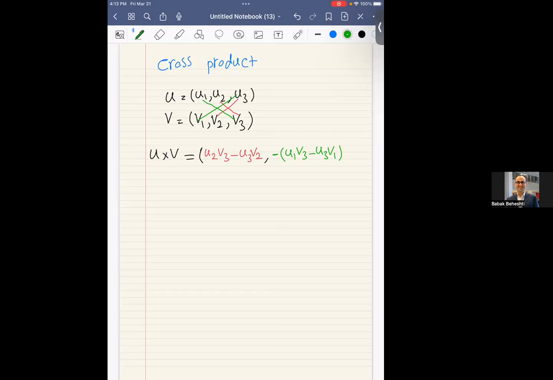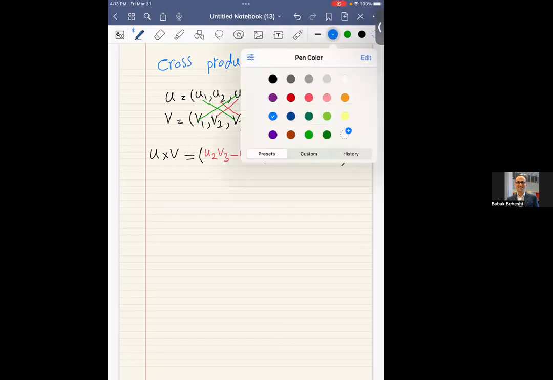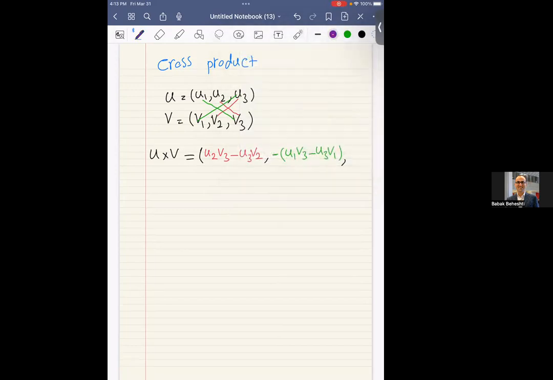And for the third component, it is given by basically the same pattern, but this time you multiply u1 with v2 and then multiply u2 with v1 and then subtract them. So the third component, which I'm writing in purple, is u1 times v2 minus u2 times v1.